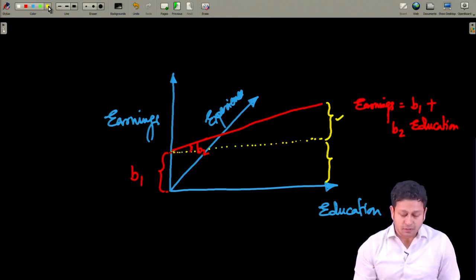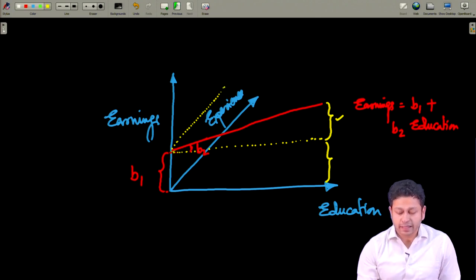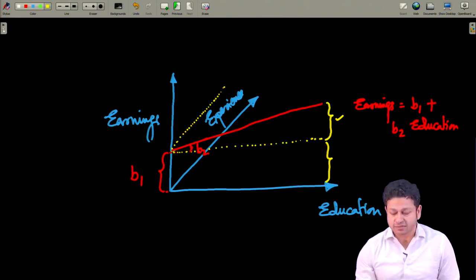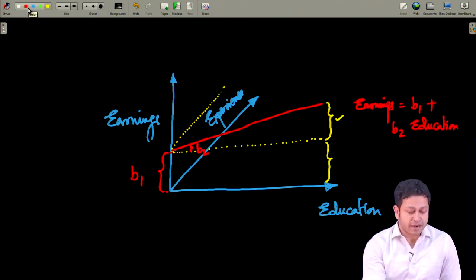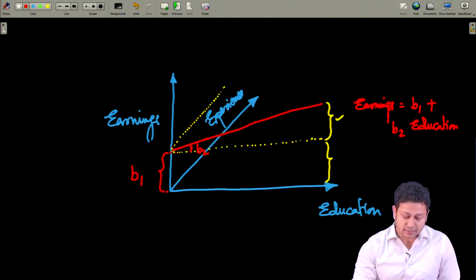So if I also try to estimate the impact of experience on earnings, I will again get the pure effect due to experience. When I talk about pure effect, it is not mixed up with the effect of education or the intercept term. The intercept term is already there. Then I measure the impact of education on earning, and then I also measure the impact of experience on earning. And let's say the line goes like this.